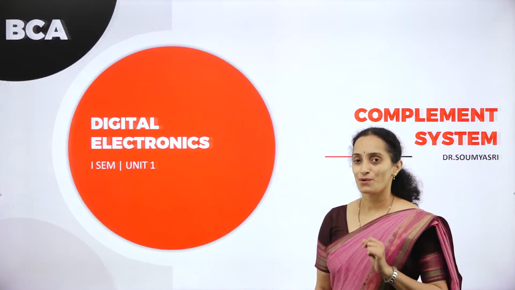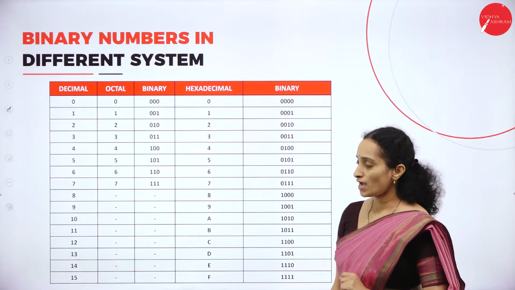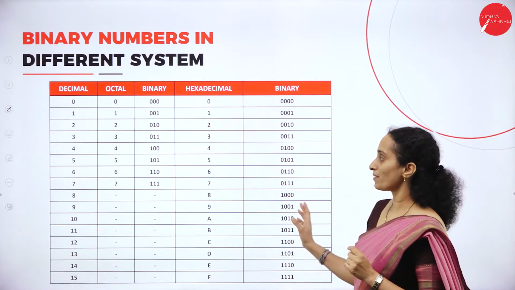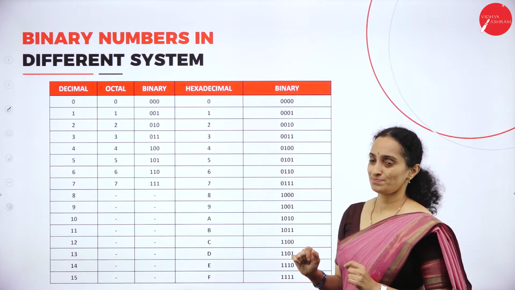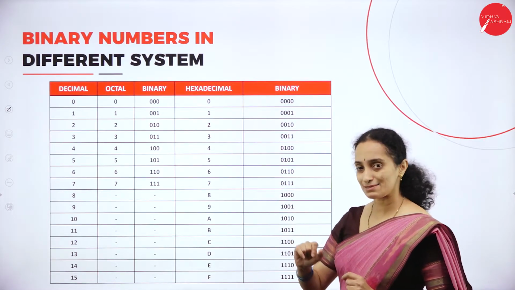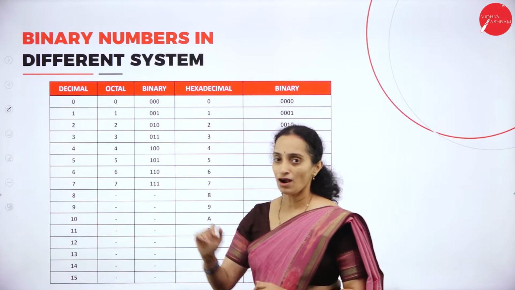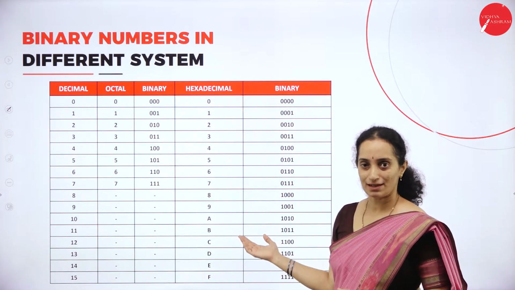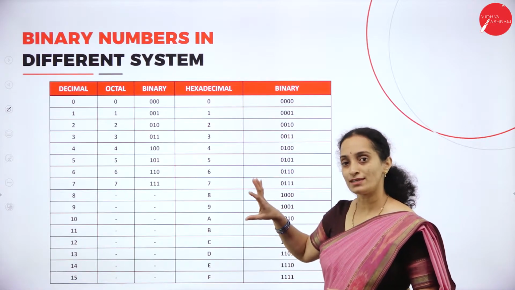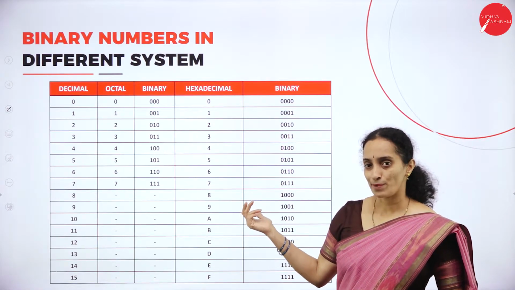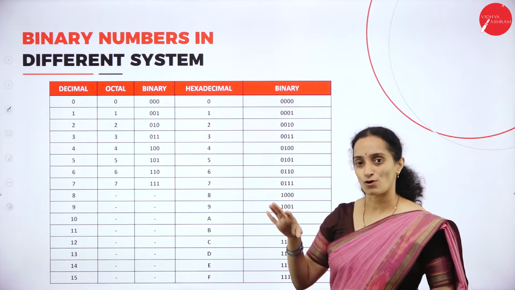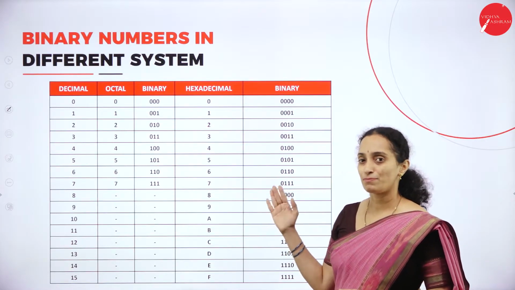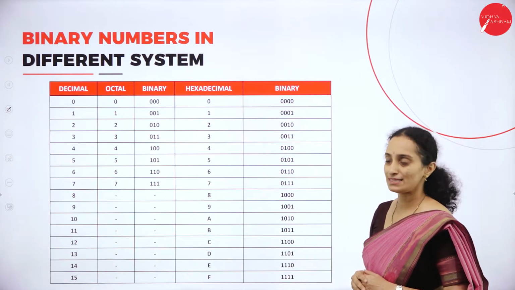Before knowing about the complement system, we shall have a view of how you can represent binary numbers for a hexadecimal number and an octal number. In the last session, I completed that conversion. How do you convert a number from binary to octal and from octal to binary and hexadecimal to binary and from binary to hexadecimal, is it not?